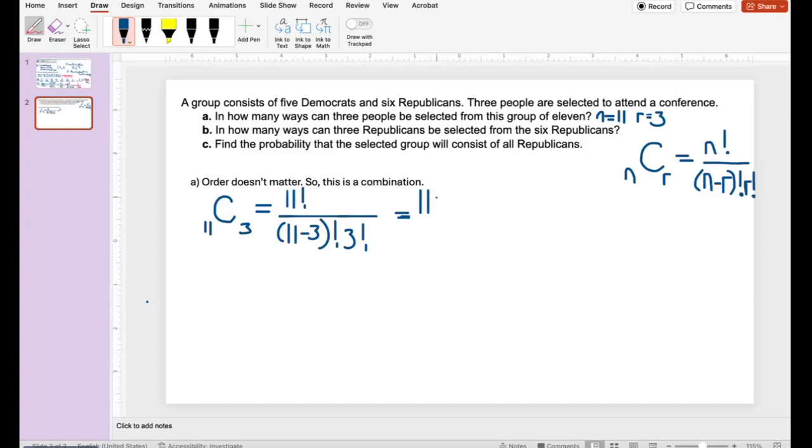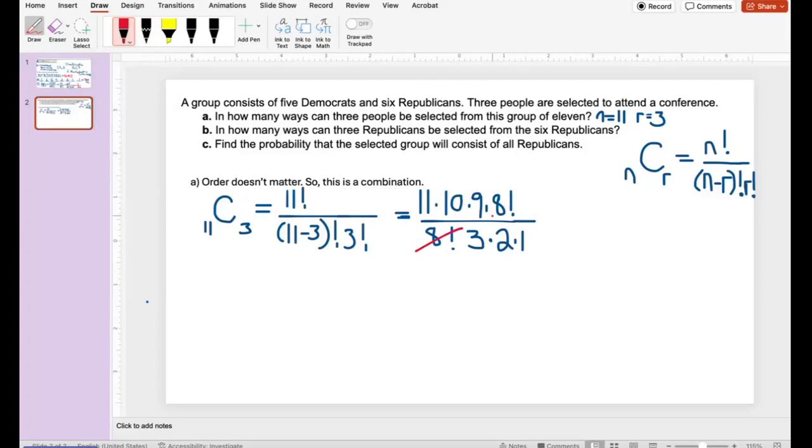I've got 11 times 10 times 9, and I'm going to stop it at 8 factorial because down here, 11 minus 3 is 8, right? 8 factorial. And then we've got 3 factorial. Now 3 factorial, I usually go ahead and break this down. So that's 3 times 2 times 1, right? Because these numbers usually go into some of the other things that are there.